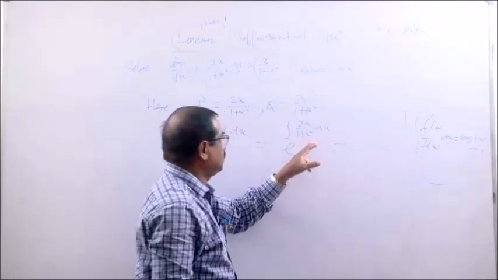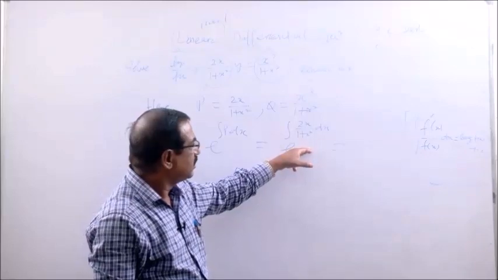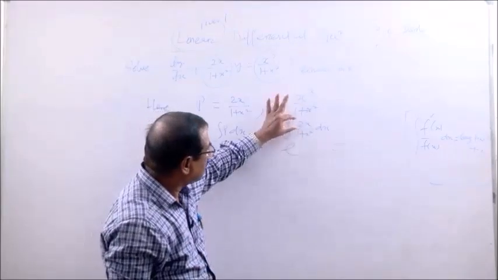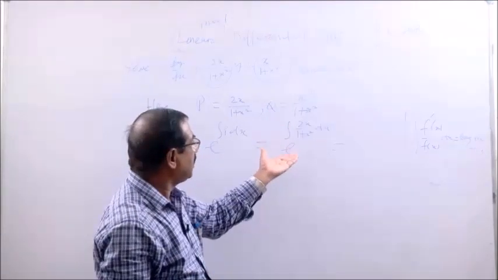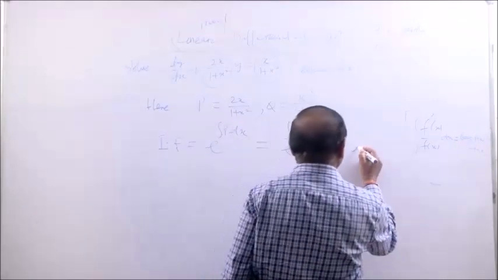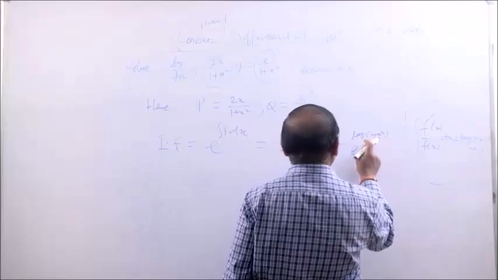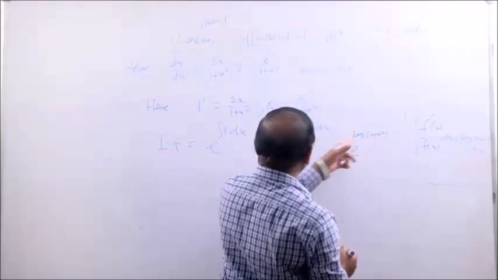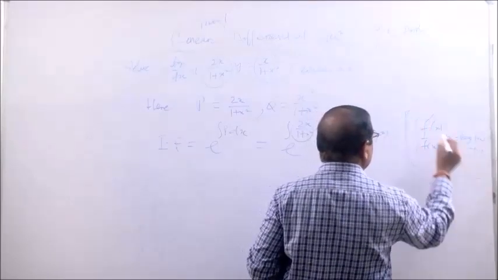If the numerator is the derivative of the denominator, I am repeating, the integral is the logarithm of the denominator. The derivative of 1 is 0, of x square is 2x. So what will happen? It is e to the power log of 1 plus x square. If you take the derivative of log of 1 plus x square, you will get this. So please remember this formula.